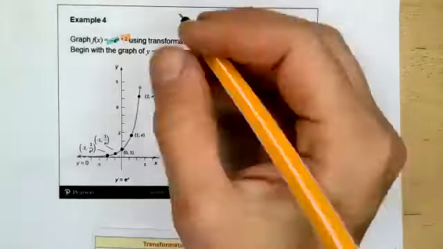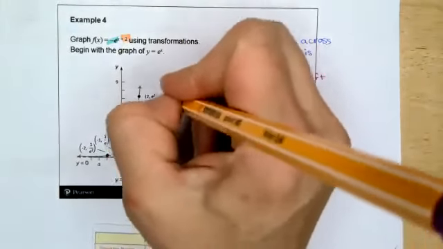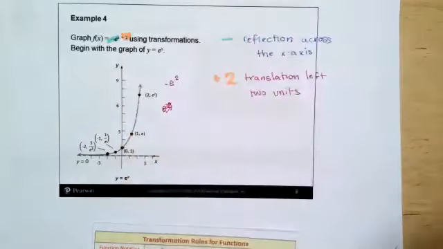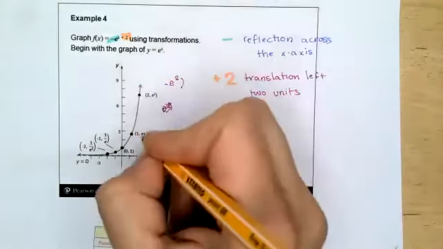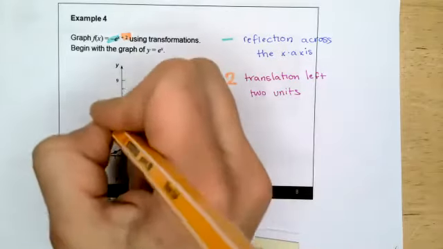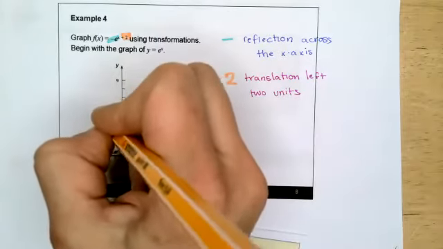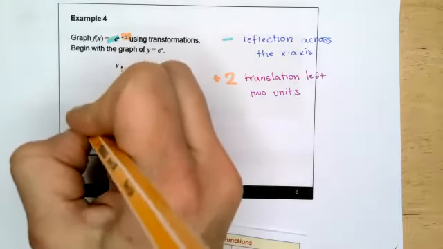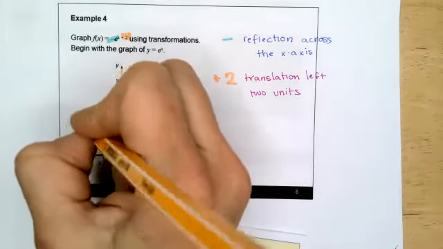Yeah, all our y's become negative y's. E becomes negative e. 1 over e becomes negative 1 over e. 1 over e squared becomes negative 1 over e squared.